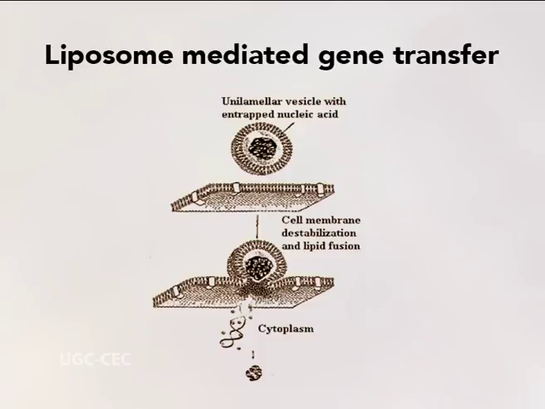Cationic lipids are those having a positive charge and are used for the transfer of nucleic acids. These liposomes are able to interact with the negatively charged cell membrane more readily than uncharged liposomes, with the fusion between the cationic liposome and the cell surface resulting in the delivery of DNA directly across the plasma membrane.